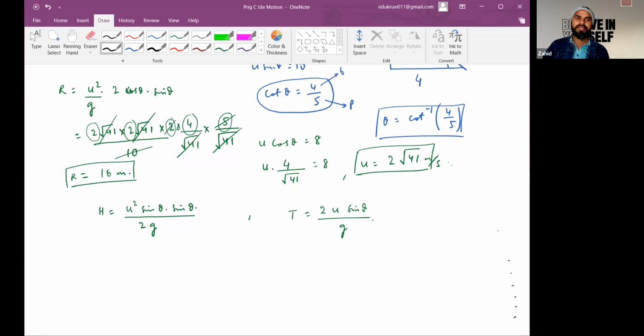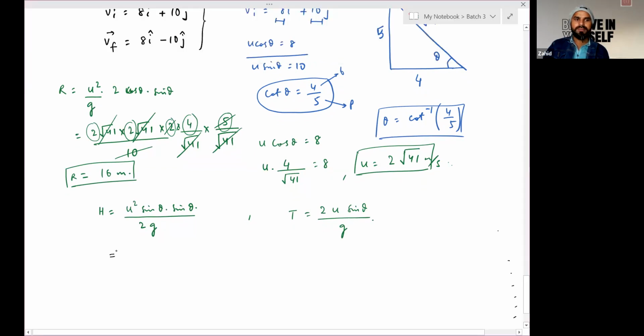Just see how to simplify it. As we have u equals 2 root 41, the square of it would be 2 root 41 times 2 root 41. Sine theta is perpendicular over hypotenuse, so it will be 5 divided by root 41, divided by 10.